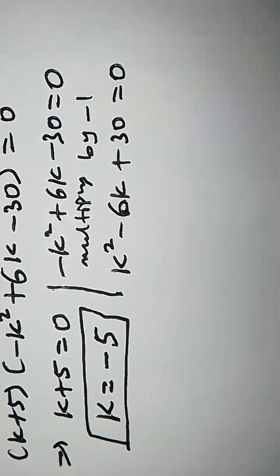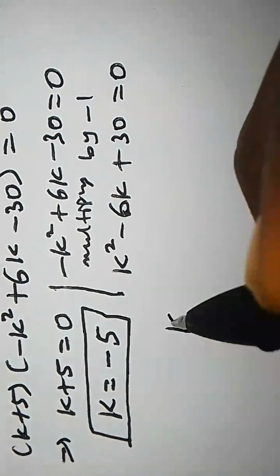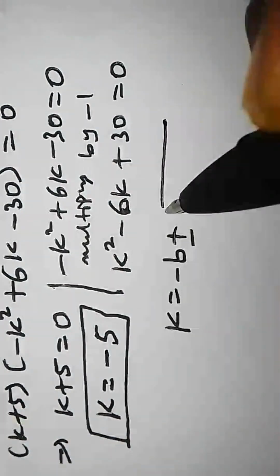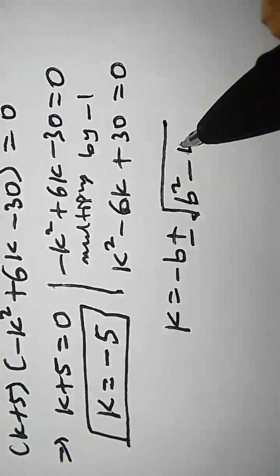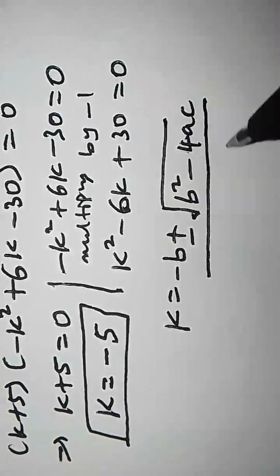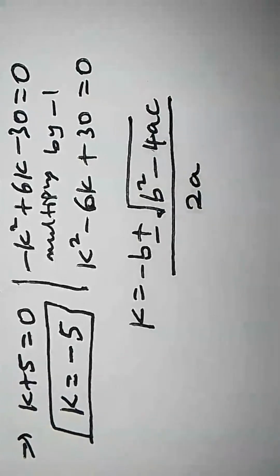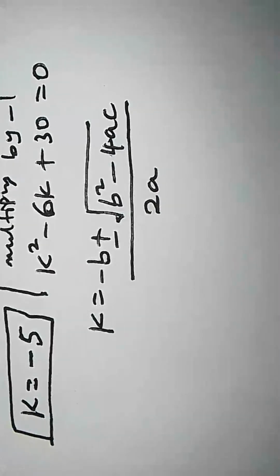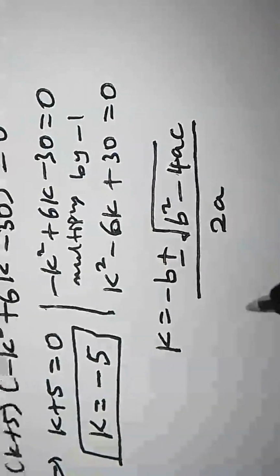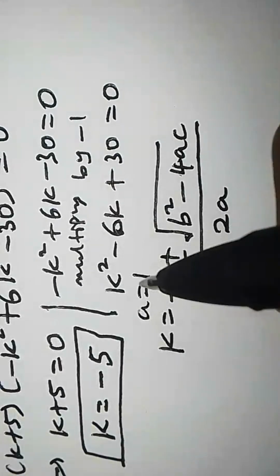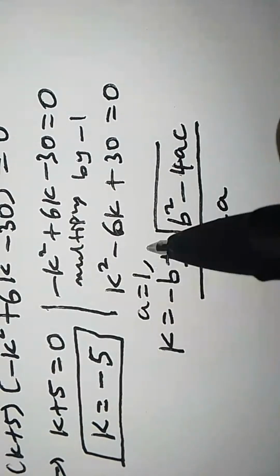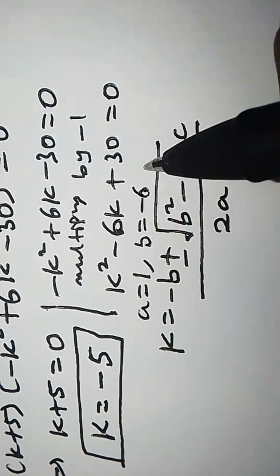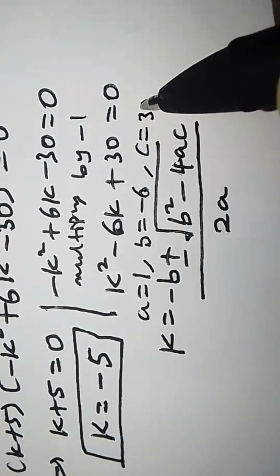This quadratic equation can be solved using the quadratic formula, which is K equal to minus b plus or minus square root of b squared minus 4ac over 2a. I'm very sure you are aware of this property. That's the quadratic formula. From this equation, a is equal to 1, the coefficient of K squared. b is equal to negative 6, and c is equal to 30.